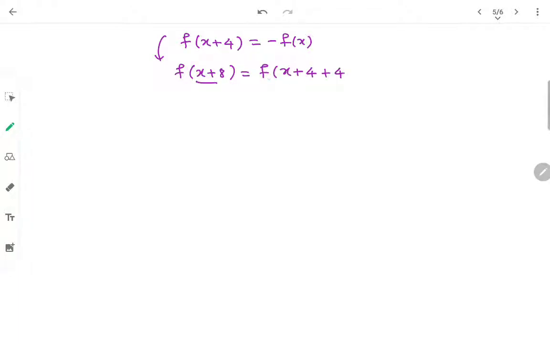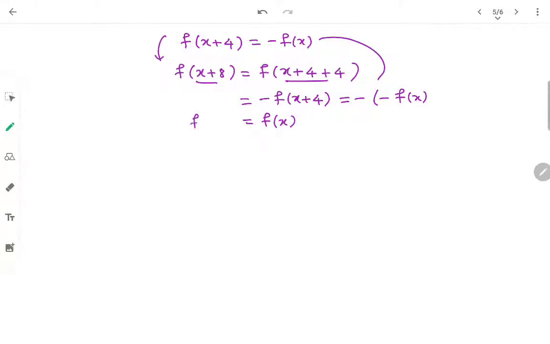Now if I use this property, it is minus f of x plus 4, and that is equal to minus of minus f of x, so f of x. So this is a periodic function with period 8.